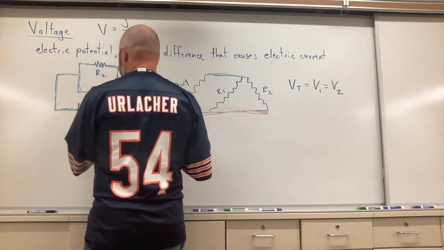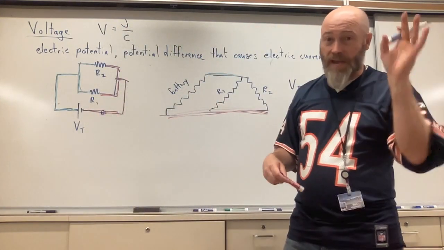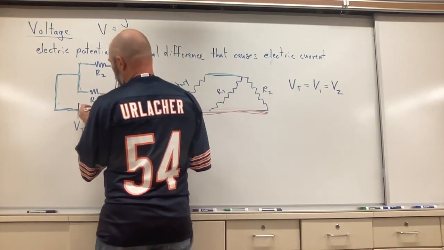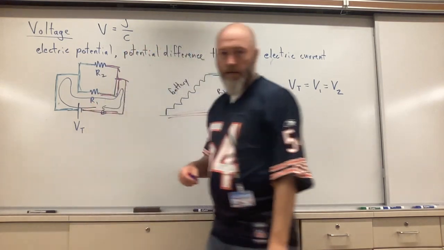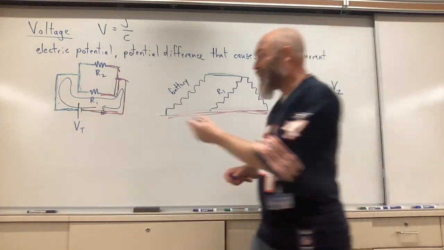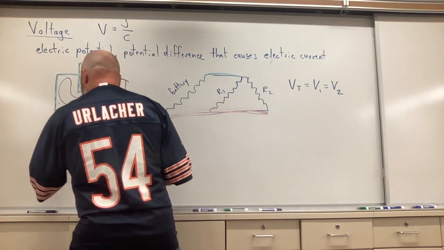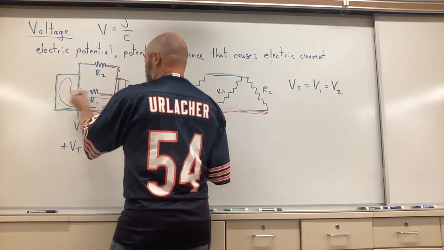Now, if I wanted to write my equation, again, let's say I'm going to start here and I'm going to go around. Any loop that I go around, so let's do this loop first. We're going to go around the inside loop, that inner loop. First thing I encounter is my battery, plus VT. Then I encounter my resistor.